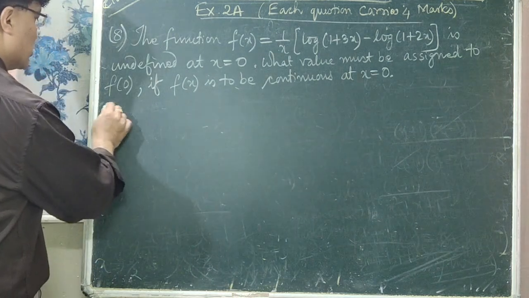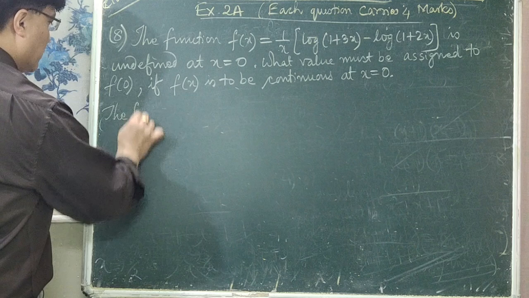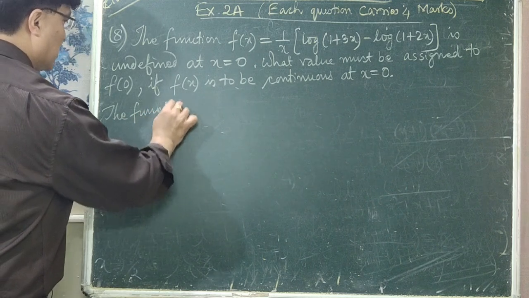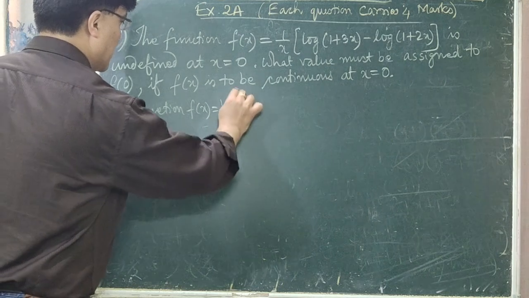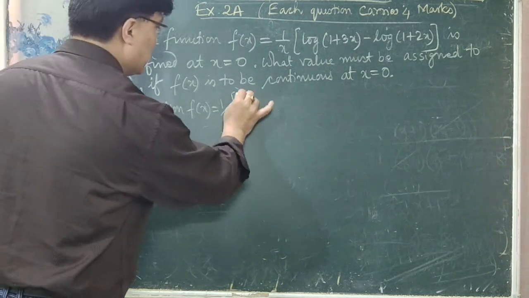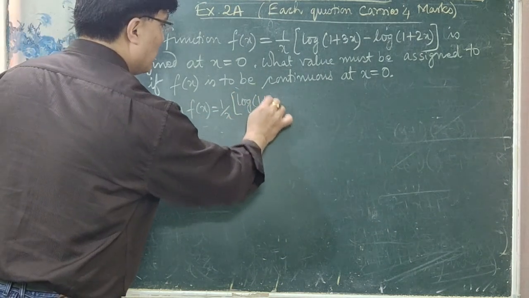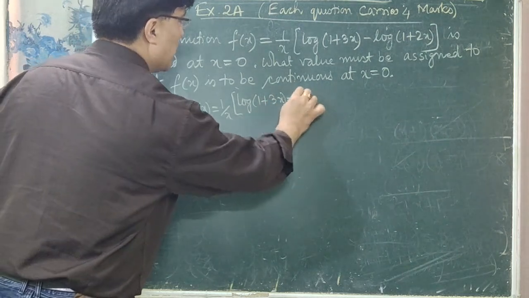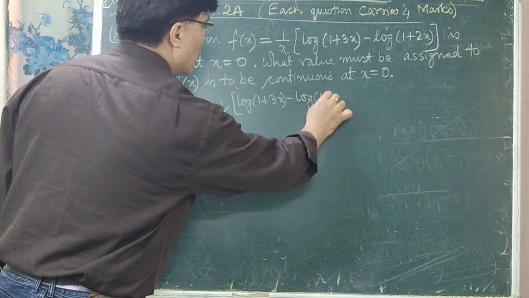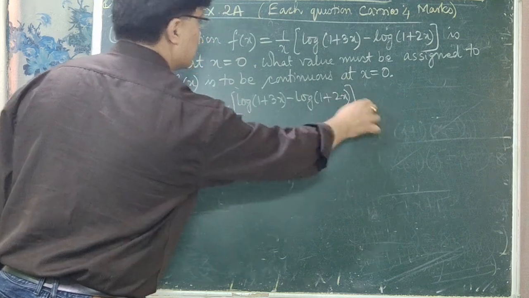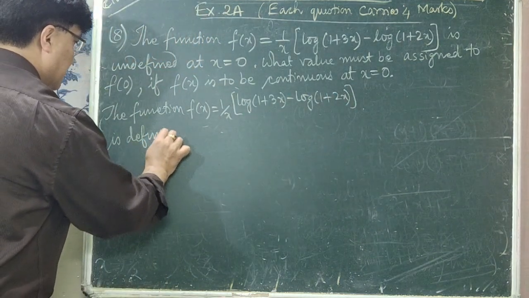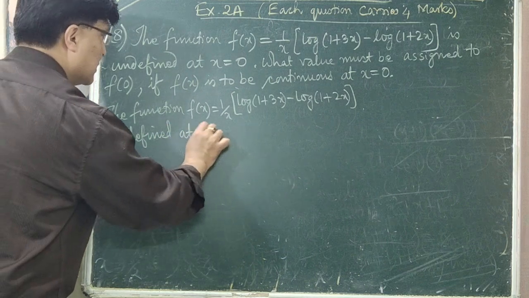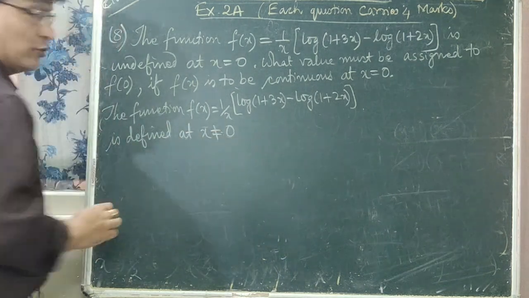So let us do the solution now. The function f of x is equal to 1 upon x within third bracket. What is given here? Log of 1 plus 3x minus log of 1 plus 2x is defined at x not equal to 0.